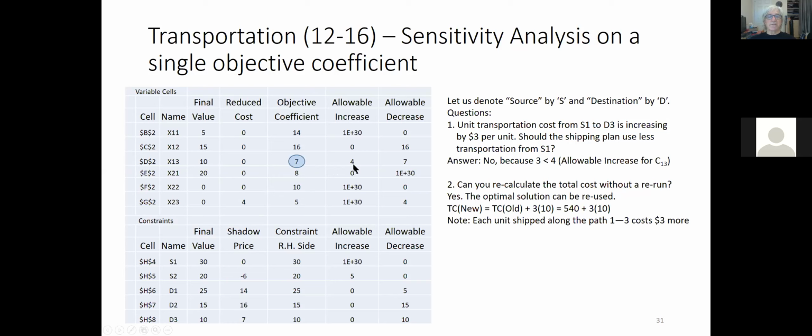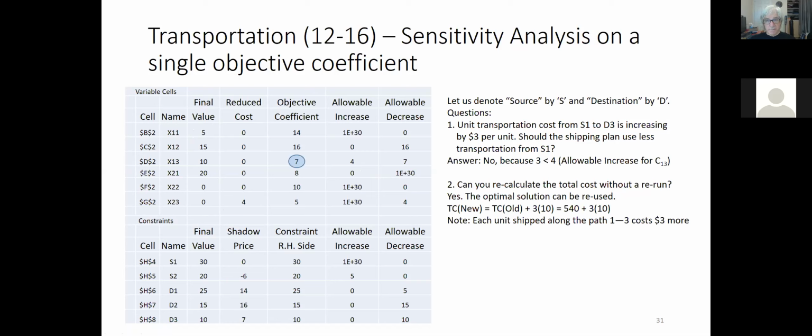The allowable increase of 7 is up to 11, but it's moving only to 10. Because 3 is less than 4, the change falls inside the allowable increase, and therefore the optimal solution remains the same. The plan of transporting items from sources to destinations, as you see it here, does not change.